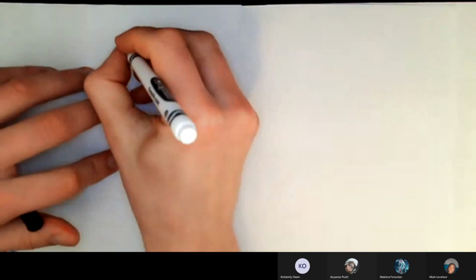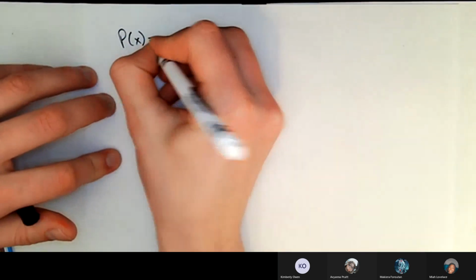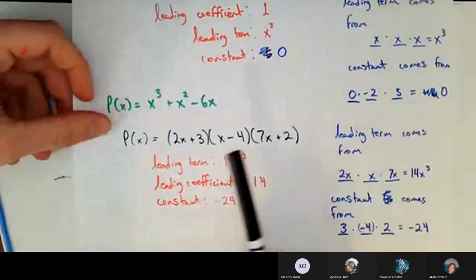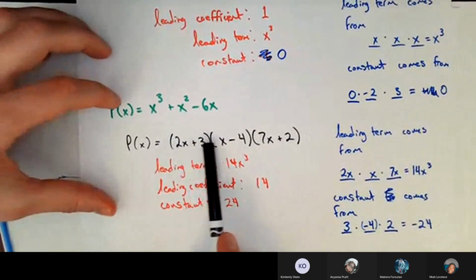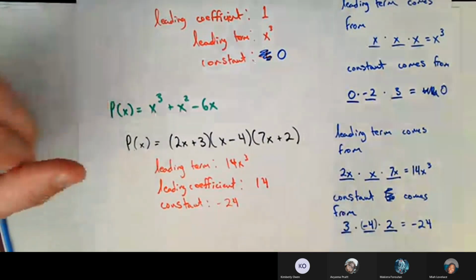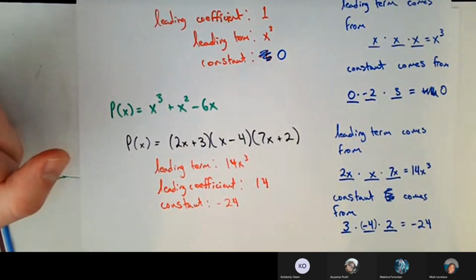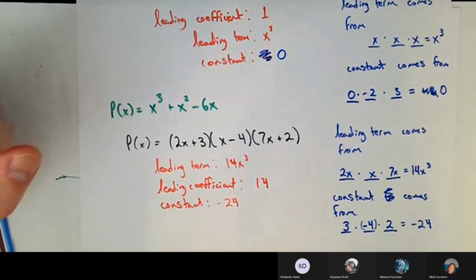All right, so P of X. What I want to do here, just to emphasize how good these tricks are and to let you guys have some more practice using them, is give you a polynomial function, similar to this one. And I'll ask for the leading term, leading coefficient, and constant.